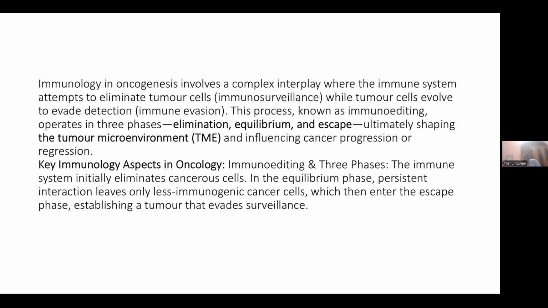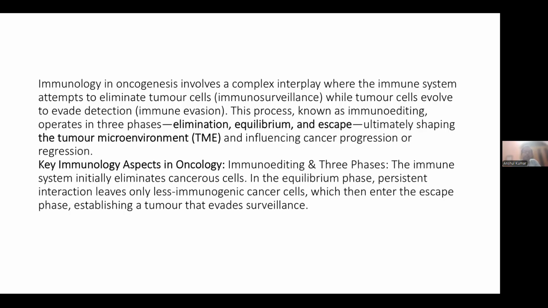Even angiogenesis, new vascular capillary blood vessels, also develop for them to develop or migrate to other parts of the body from the site of development, and hence all this will create a proper environment for the cancerous cells to progress and influence cancer progression or regression.